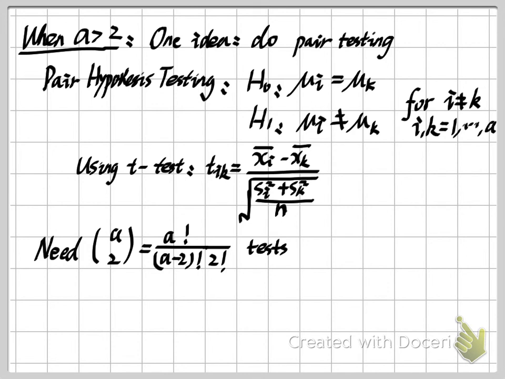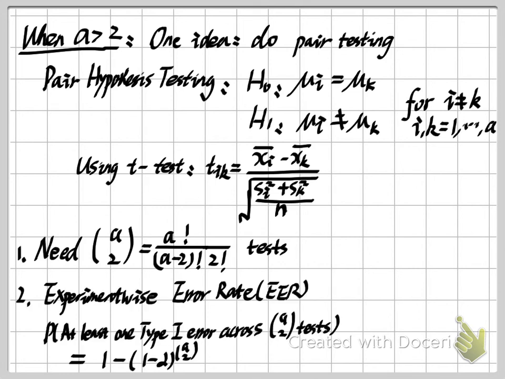So this could be a really large value. Here I just write down this equation. This number can be pretty large when we have a large A. So based on these two reasons, too many tests, too noisy, and also a high probability of a type 1 error in at least one of these tests.